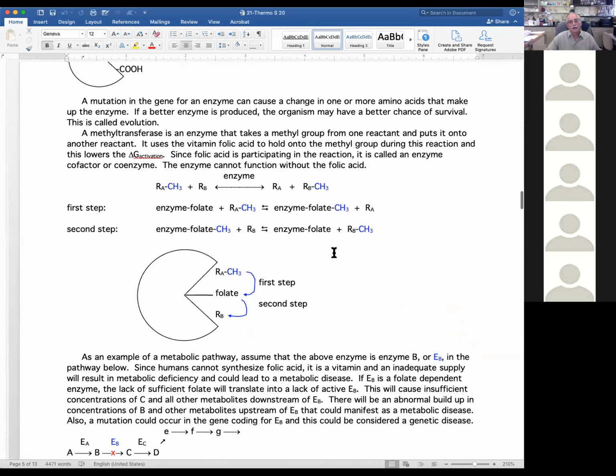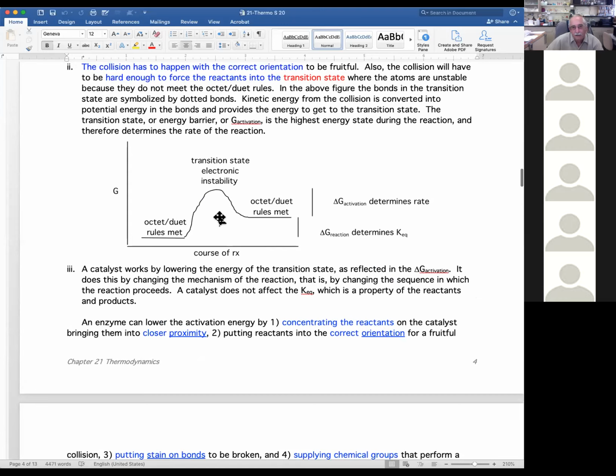Here's an example of how an enzyme uses something like folic acid to help it do its job. What an enzyme does, what any catalyst does, is it changes how the transition state happens. It makes it into a lower energy transition state so it's easier to get to the products.